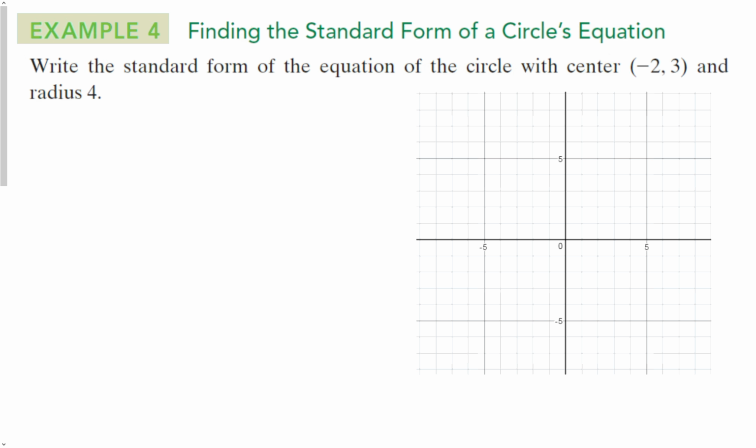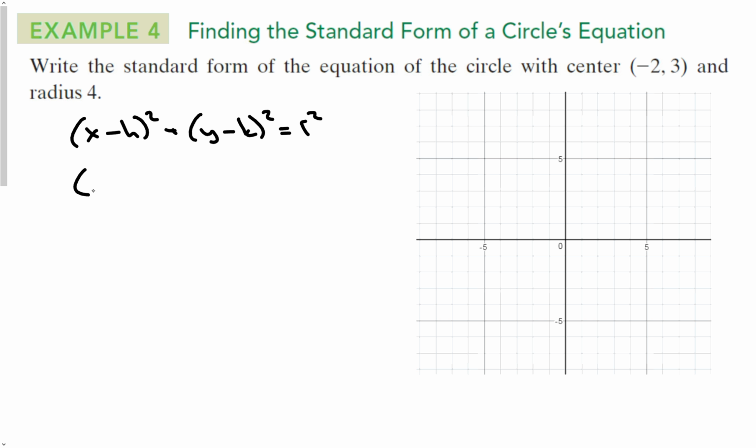So now, write the standard form of the equation of a circle with the center of (−2, 3) and a radius of 4. So when I write my equation for this circle, remember that my equation says (x − h)² + (y − k)² = r².